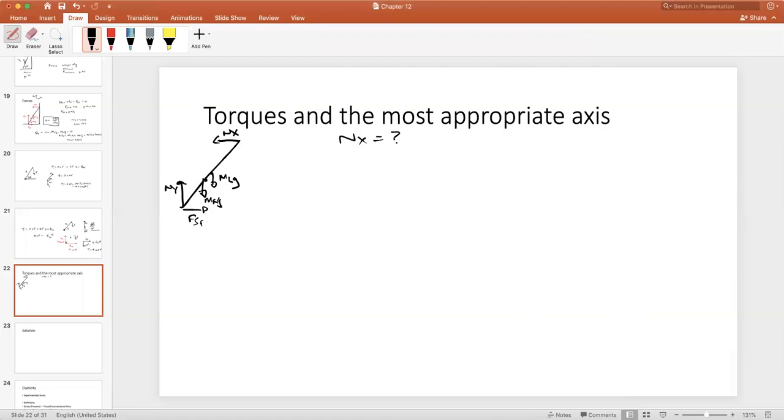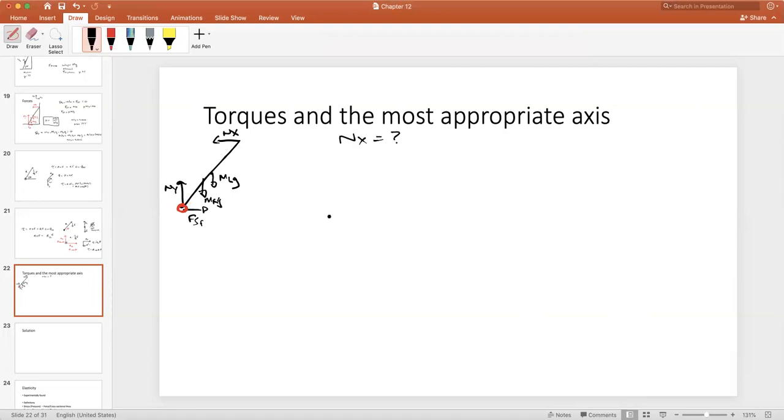We could put it here, but if we do that, we're going to have 1, 2, 3, 4 torques. If we put it here, though, we actually eliminate Ny and the force of static friction, because the radial vector for each of these torques is 0. They are on the axis of rotation.